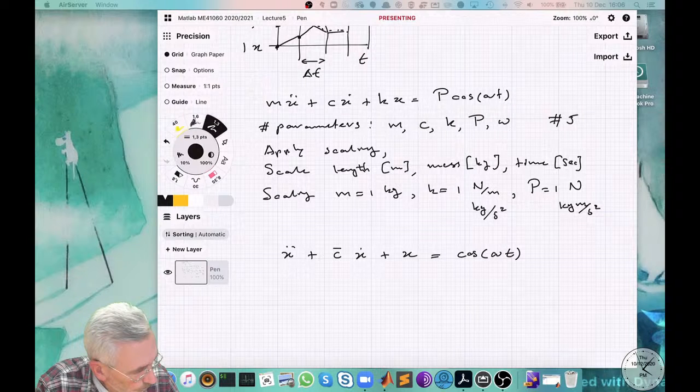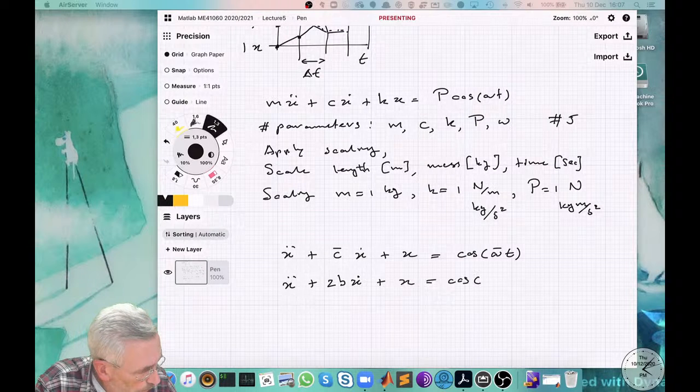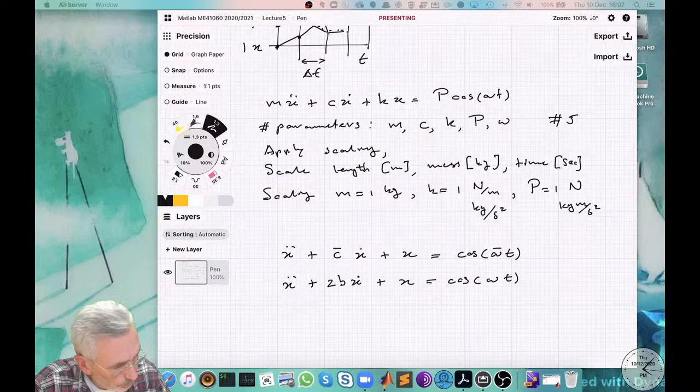Because the omega is not scaled, I still have that one. And that's also a scaled variable. Well, for now, actually I want to write it like that: x double dot plus 2b x dot plus x equals cosine omega t. There's a bit of confusion now about which omega, but for now I'll leave that be.